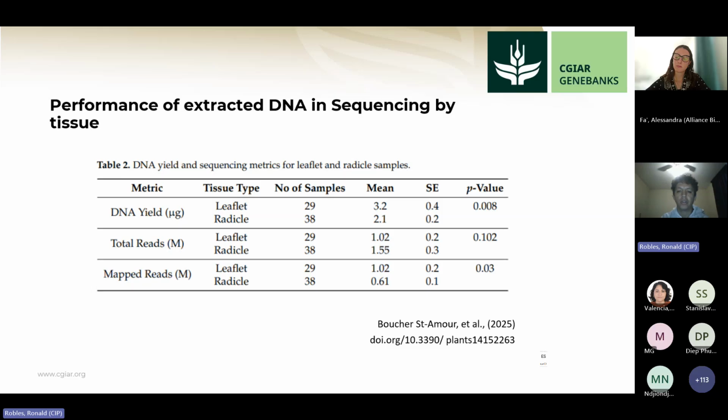We have to consider that depending on the tissue we choose, the quality must be considered along with the amount of DNA, and also considering that some tissues produce contamination. In this case, the roots: the DNA that was obtained from the roots was not only from the species, but also from other microorganisms associated with the tissue.